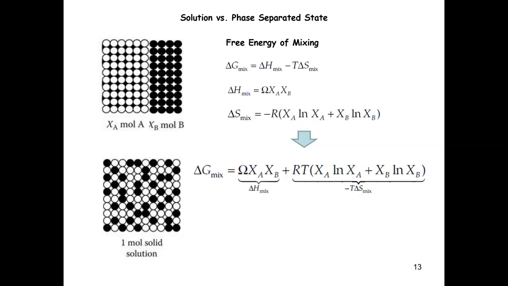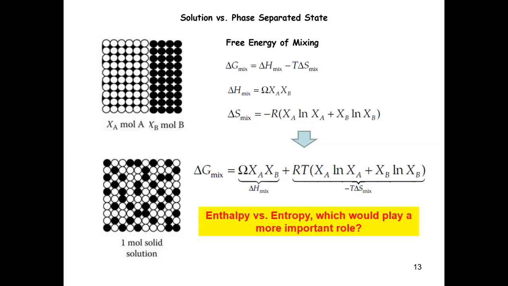Okay, so now keep in mind that for regular solution, we have to worry about both the enthalpy of mixing and entropy of mixing. So now you see that there are two quantities that play an important role, right? But we know that these two are going to compete with one another. But what are the key physical quantities that determine their relative role in our system?